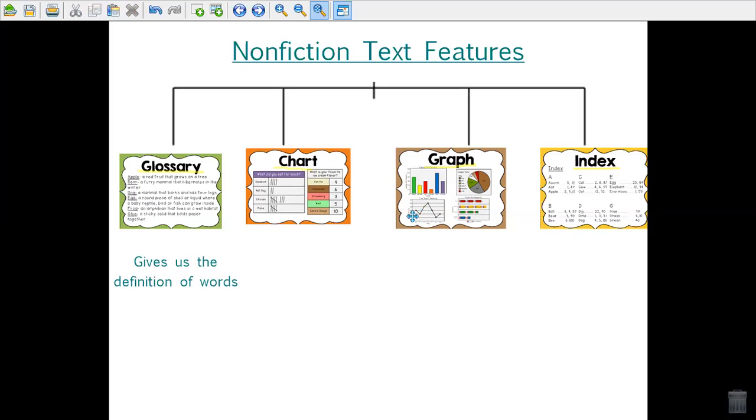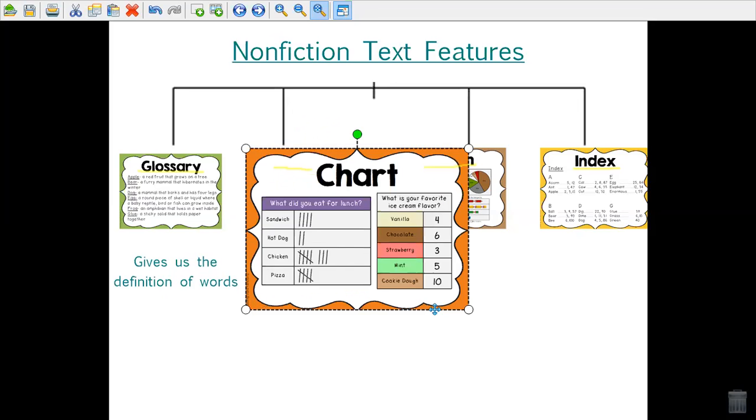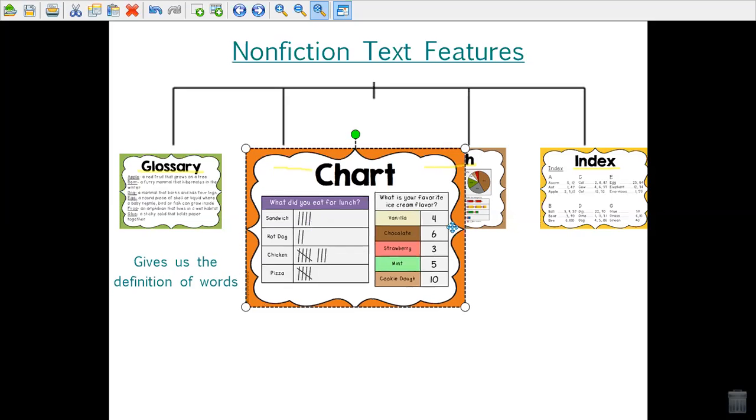Now, next up, we have a chart, and a chart and a graph kind of go together. A chart is like the first thing you do before you make a graph. A chart is what you tally and count all your data with. So like when we do our tally marks, when we're graphing, or we write down how many people liked it. For example, what did you eat for lunch? 4 people liked the sandwich. What is your favorite ice cream flavor? 4 people liked vanilla.